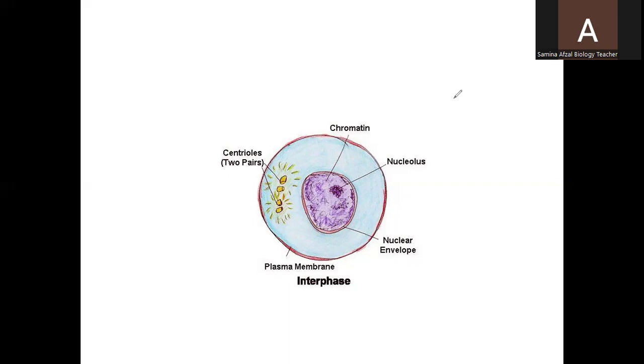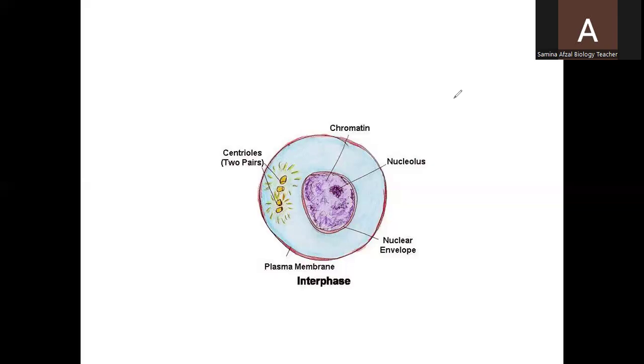When they reach the poles, aster fibers are produced, and secondly, the spindle fibers. So these centrioles, with the help of microtubules inside the cell, make the spindle fibers, which help to attach the chromosomes during the mitosis.